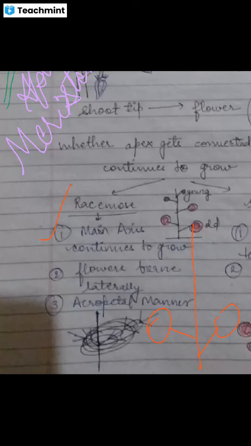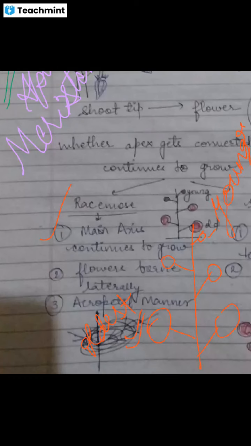Now, if I have to ask a question in this, can you tell me which flower is the youngest and which one is the oldest? Then the answer will be: the lower flowers are the oldest ones, and the upper one will be your youngest flower. ठीक है.